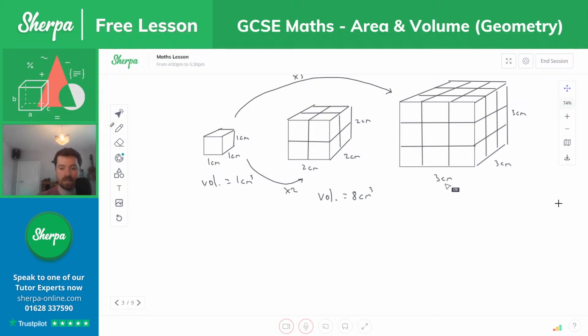So we could do both methods just to make it super clear. Our volume of our largest cube is going to be base times depth times height, and that's going to be 3 times 3 is 9, times 3 is 27. And again, those units are centimeters cubed.